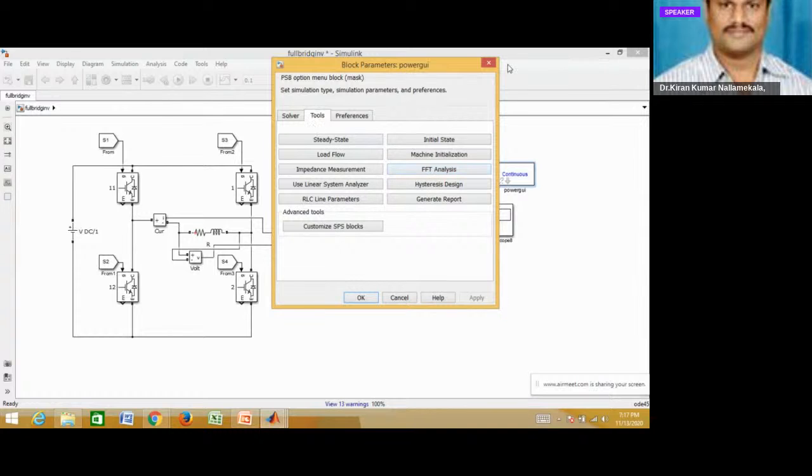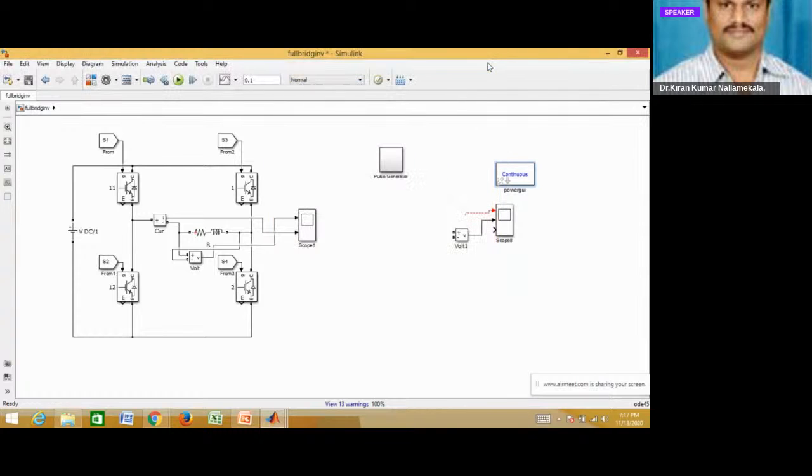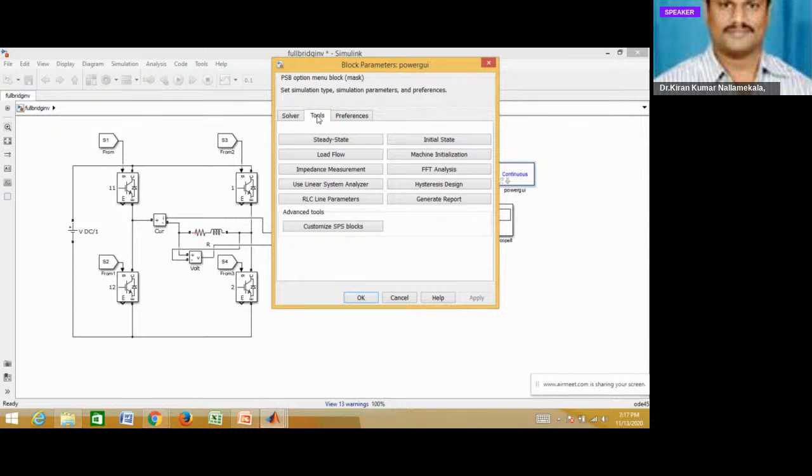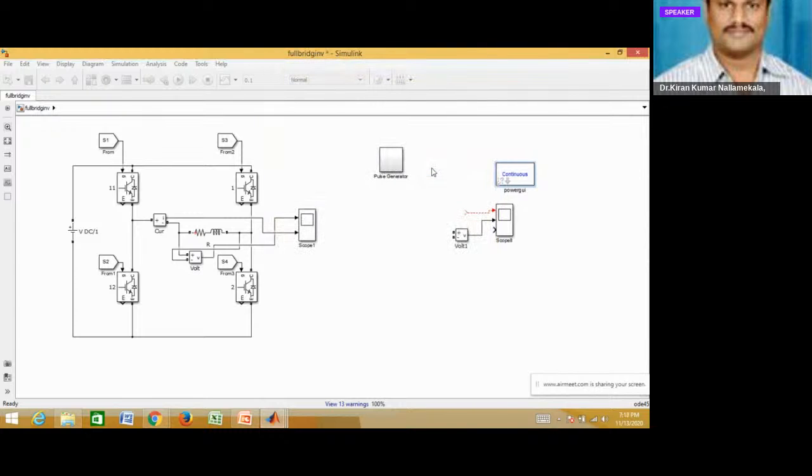Go to tools. So how to see the FFT analysis? I'll explain. Listen carefully. Go to continuous block, Power GUI, and go to tools. Click on FFT. A separate page will be opened.